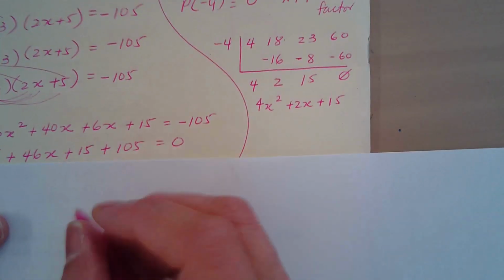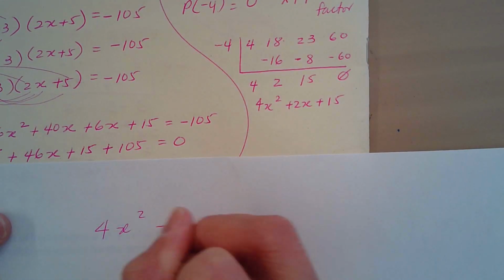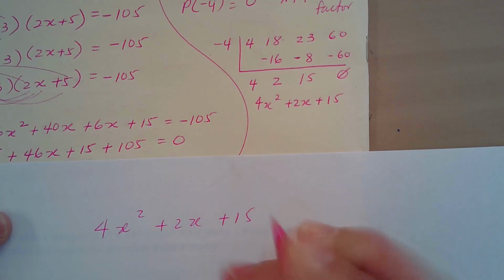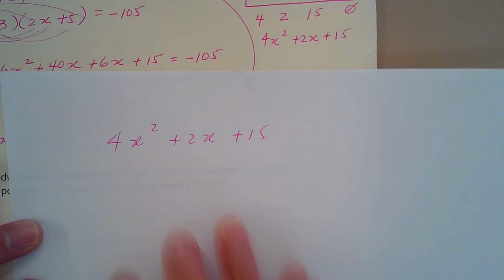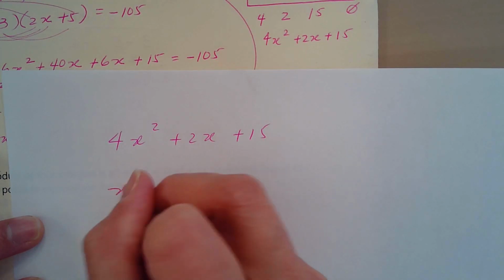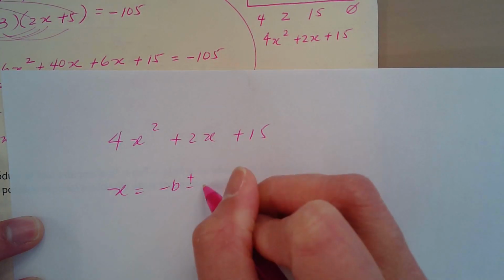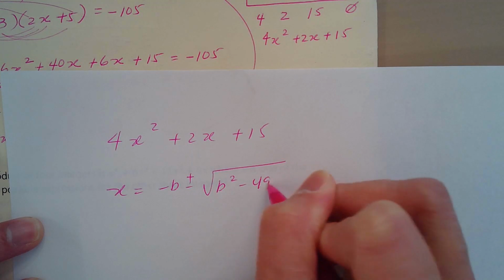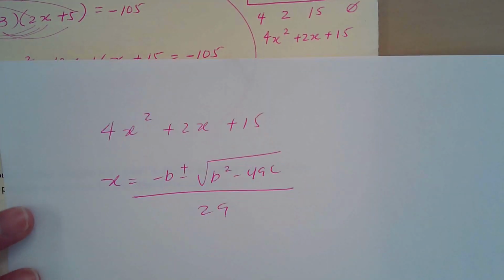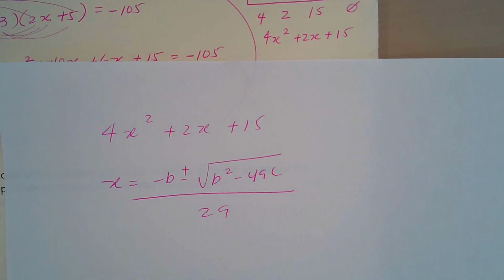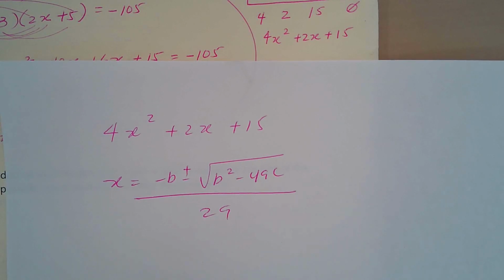We could try that with the 4x squared plus 2x plus 15. And then you learned this in grade 11. Negative b plus or minus root of b squared minus 4ac. Yes? You learned that? Quadratic formula?